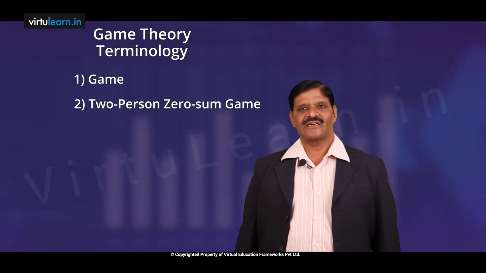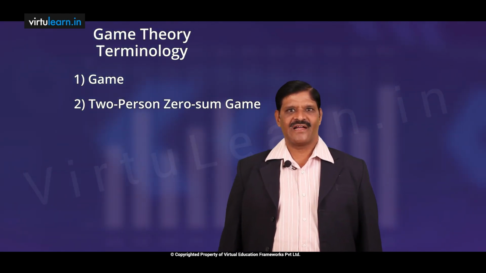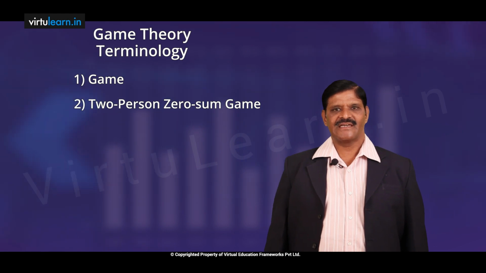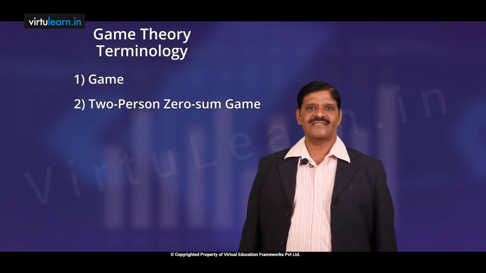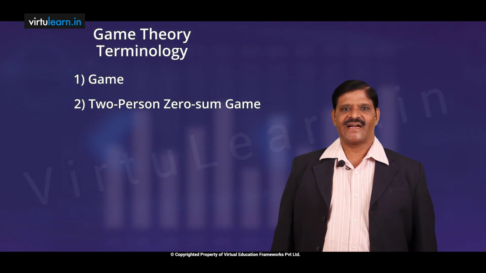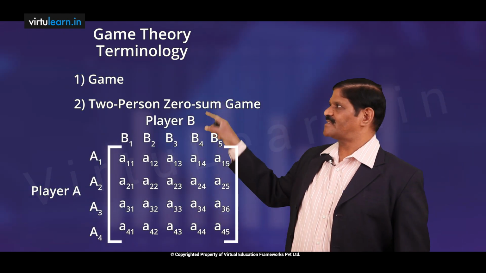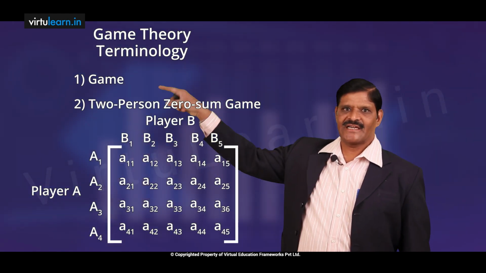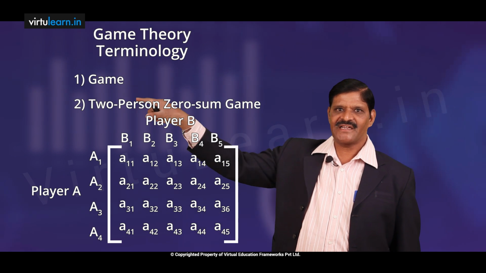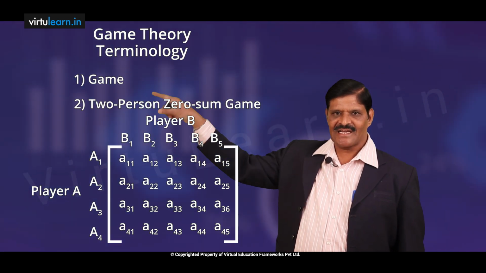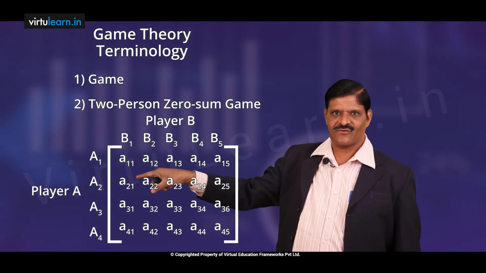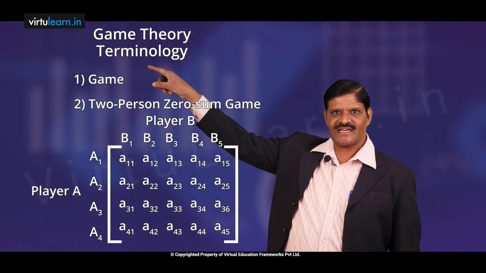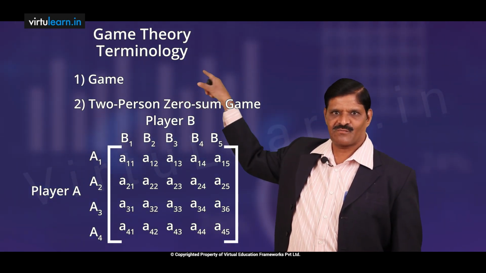When we put the values in a table, say we have two players, player A and player B. Likewise, we can see this matrix. Player A has several strategies, A1, A2, A3, A4, and player B has B1, B2, B3, B4, B5.